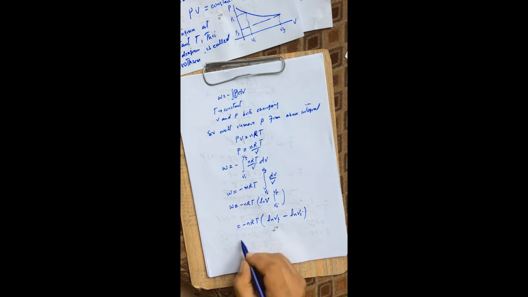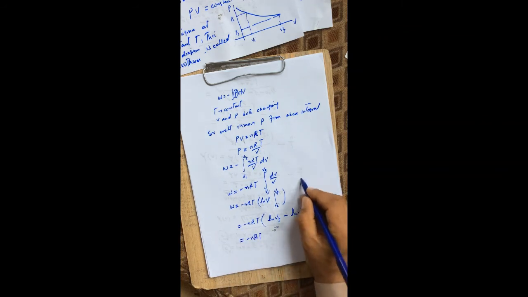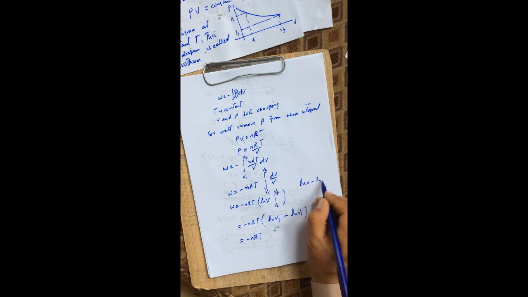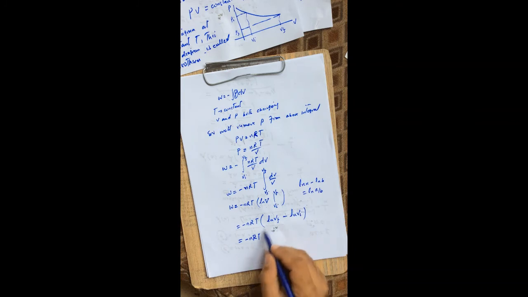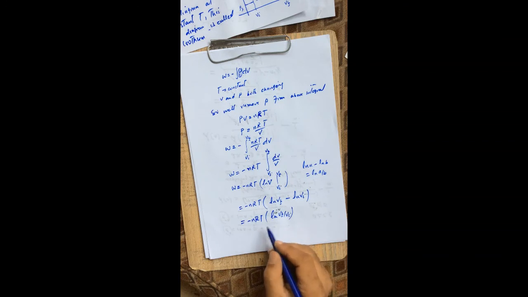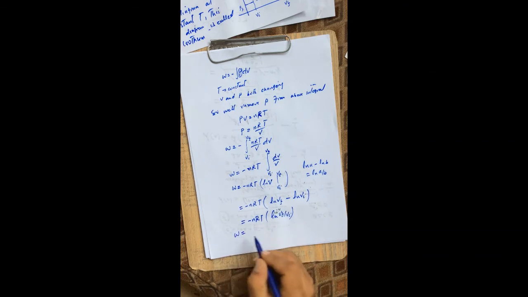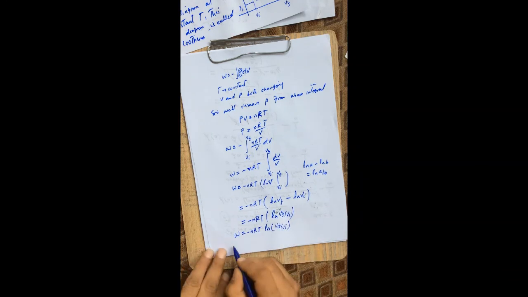Now natural log of A minus natural log of B is equal to natural log of A over B. So we can write it as ln Vf over Vi. So the final expression is minus nRT times the natural log of Vf over Vi.